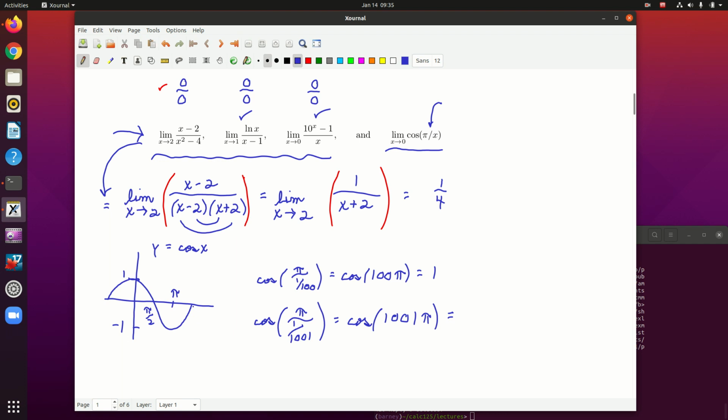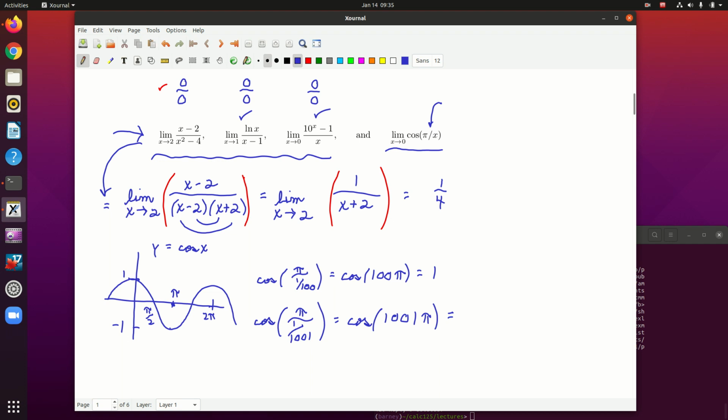Then if you remember how this cosine graph goes, it just keeps doing this. Here you are at pi, you're at negative 1. At 2 pi, you're at positive 1, and then it just keeps repeating. Anytime you have an even multiple of pi, 2 pi, 4 pi, 6 pi, you get 1.